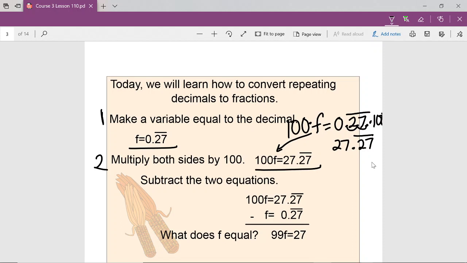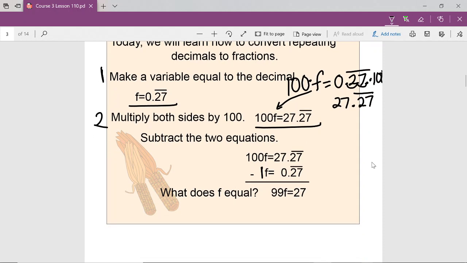We're going to use 2 equations to solve this, and we actually subtract the 2 equations. We line them up, 100f equals 27.27 repeating, minus, and we can imagine this as a 1f equals 0.27 repeating. What happens when we subtract these is if I have 100f minus 1f, I get 99f.